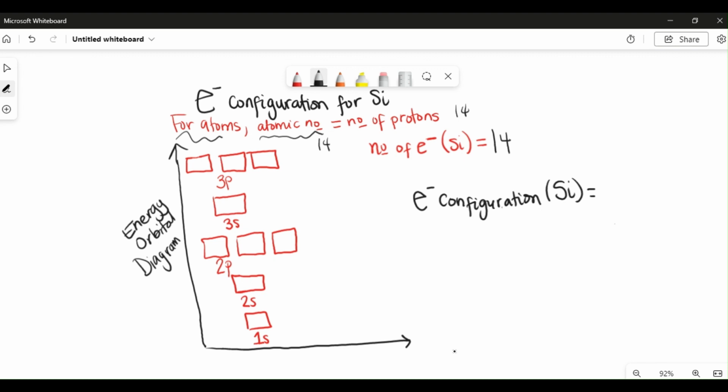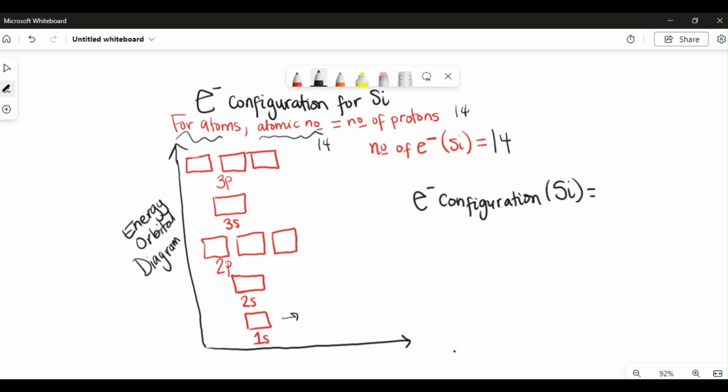Now, the next thing you have to do is fill up each one of these electrons in the energy orbital diagram here, and you're going to fill up from the lowest energy orbital, which is 1s, to the point where all 14 electrons have been used up.